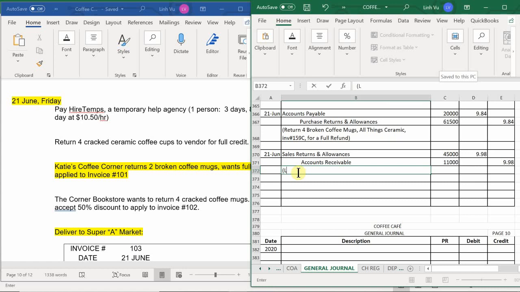Katie's Coffee Corner, 2 mugs at $4.99 each. Invoice 101, full refund. Or applied to invoice 101.